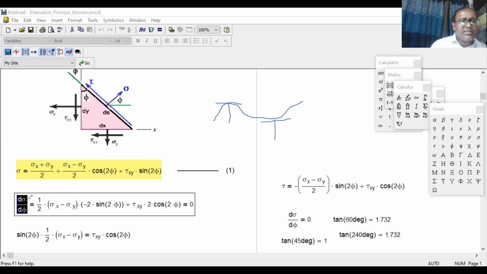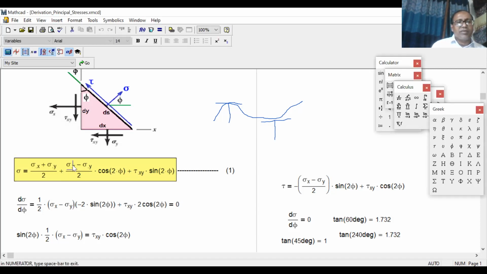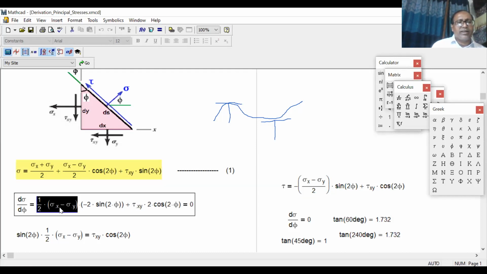d sigma by d phi. This value is constant, there is no phi, so the differentiation will be 0. So you have this term now, and I put half into it. Then the derivative of cos 2 phi is minus 2 sin 2 phi.